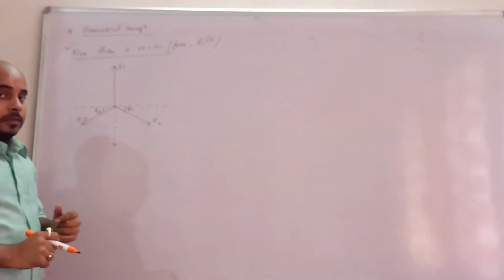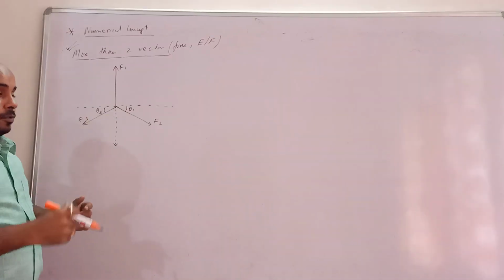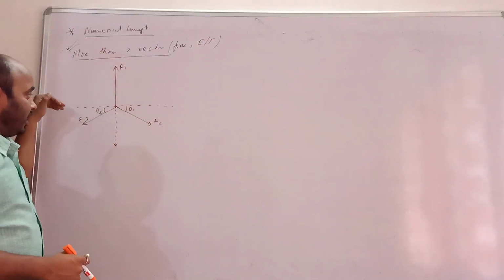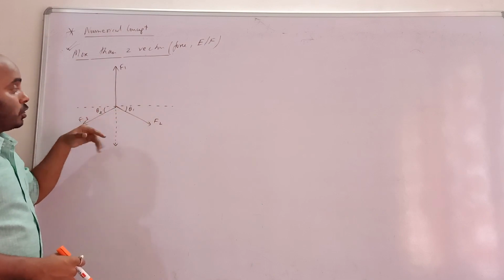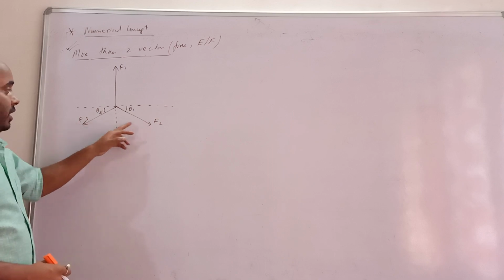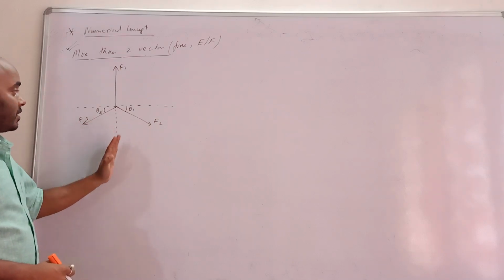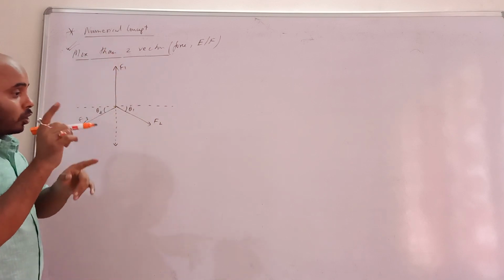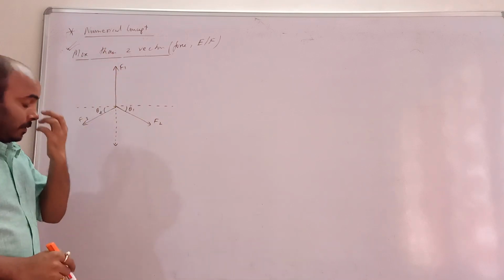Now the question is, which forces to resolve? Don't start resolving every force. Take into consideration the axes which you have taken. See which forces are not on the axis. F2 and F3 are not on the axis, but F1 is on the axis. The forces which are not on the axis, you have to resolve.